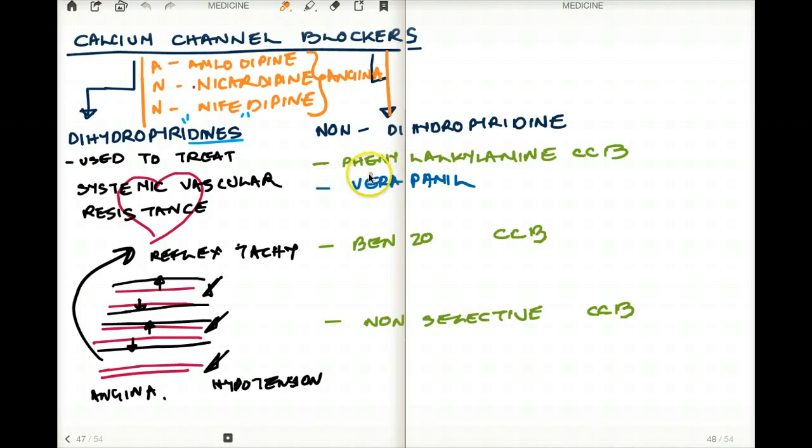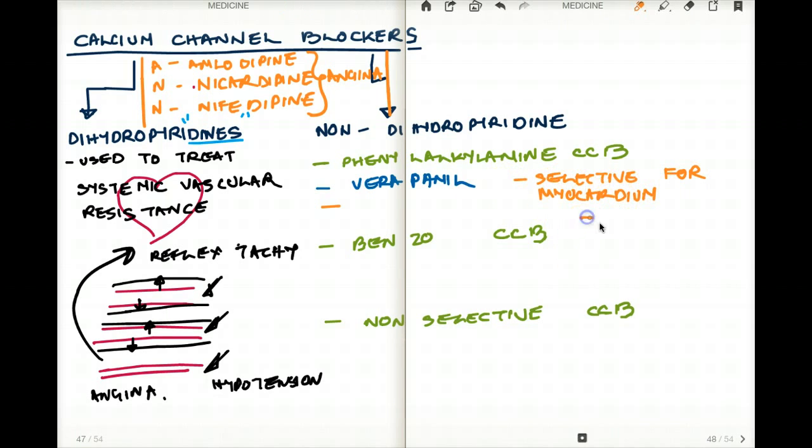And we were talking about phenylalkylamine calcium channel blockers, verapamil being the example. What's interesting about these calcium channel blockers is that they are selective for the myocardium. Since we know that this is selective for myocardium, if we use it in the myocardium, it's going to act on those phases, right?